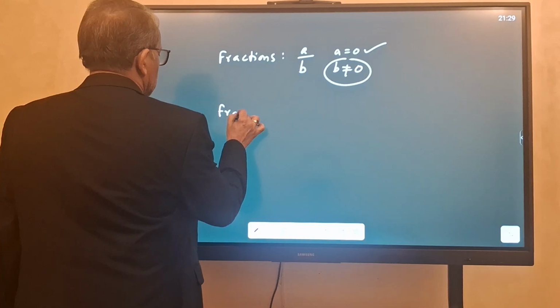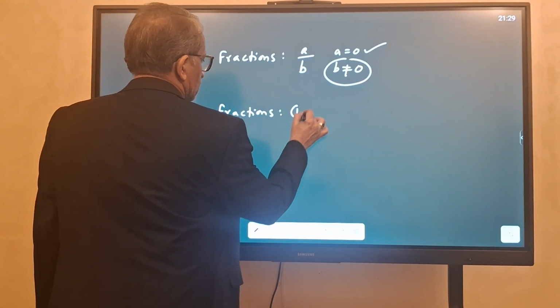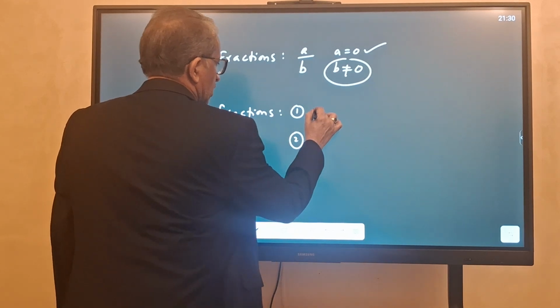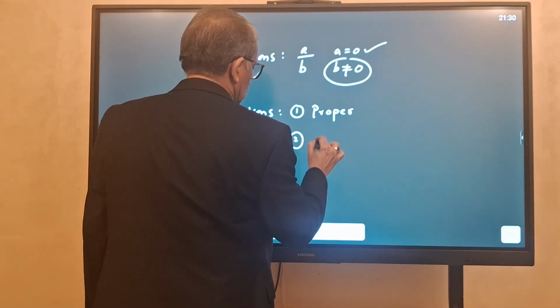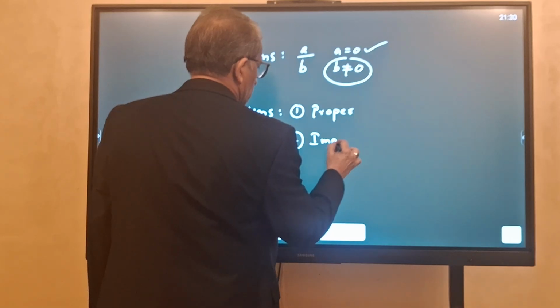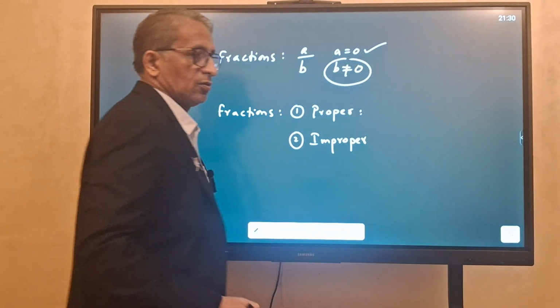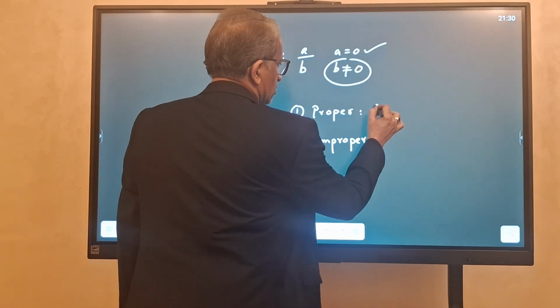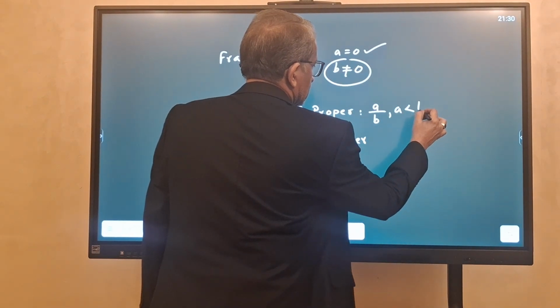In fact, there are two types of fractions: one proper, two improper. What are proper fractions? A by b, where a is less than b.